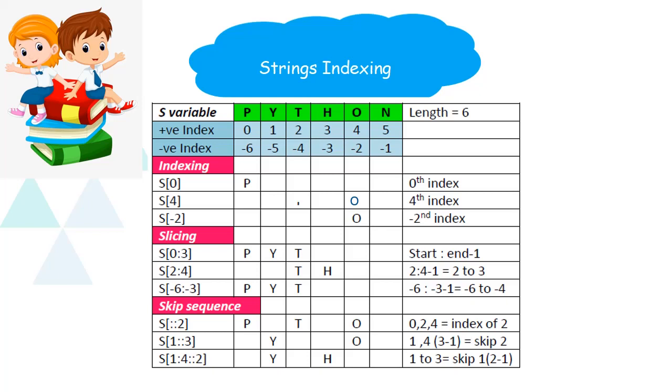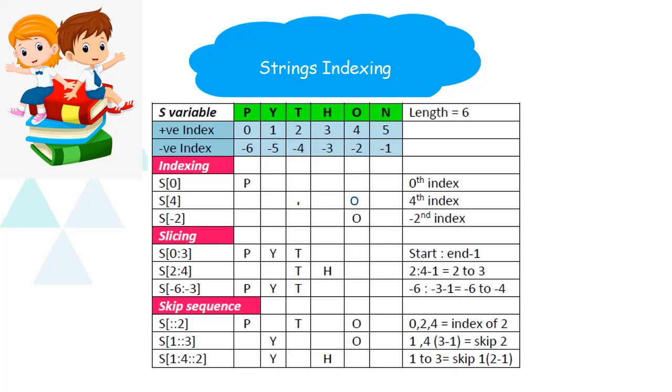We can use this indexing to address one of the alphabets from a string or cut the string into subsections. Indexing, like if we do s[0], we can read the p alphabet from the string. If s[-2], we can read a negative index alphabet, which is o. We can also use slicing.